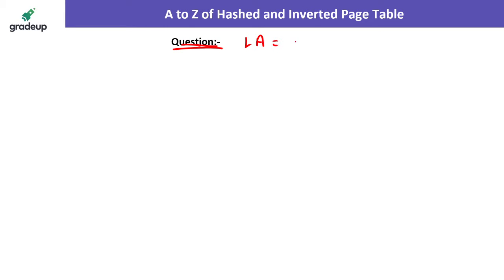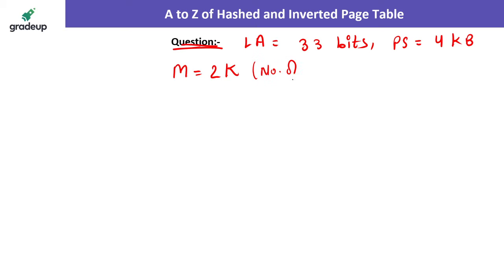Logical address is given as 33 bits. Page size is given as 4 KB. And M is equal to 2K. You know what M is? That is the number of frames.